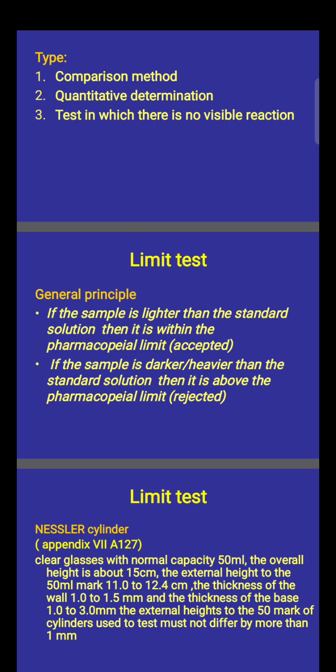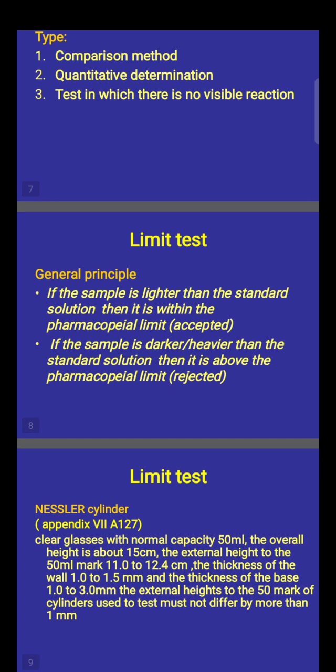General principle of the limit test: if the sample is lighter than the standard solution, then it is within the pharmacopoeial limit and will be accepted as per the standard value. And if the sample is darker or heavier than the standard solution, then it is rejected.